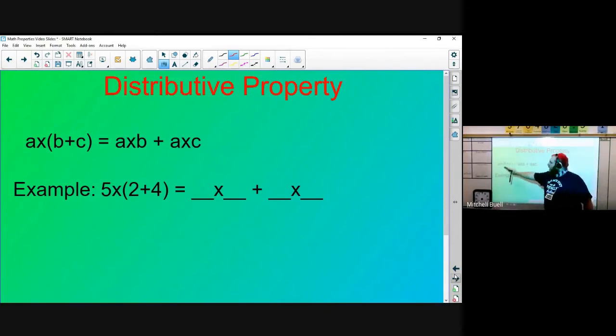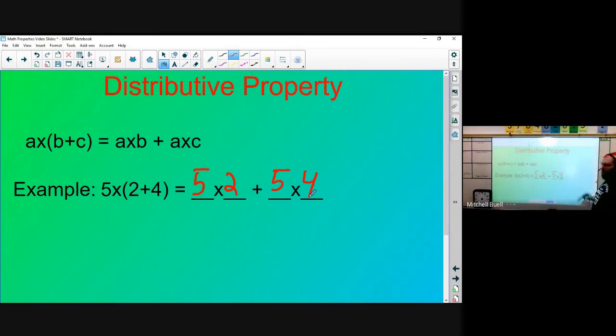So in this example, we have A times, in parentheses, B plus C. That is equivalent to A times B plus A times C. So if we look at our example of 5 times 2 plus 4, that's equivalent to 5 times 2, because we multiply the 5 by the 2, plus 5 times 4, because 5 times the 4. And then you'd add them together to get your final sum. And that's how that distributive property works.